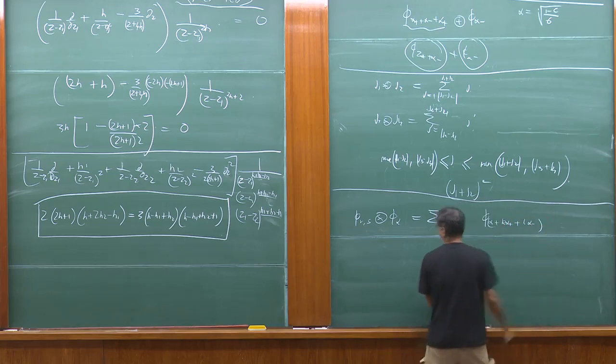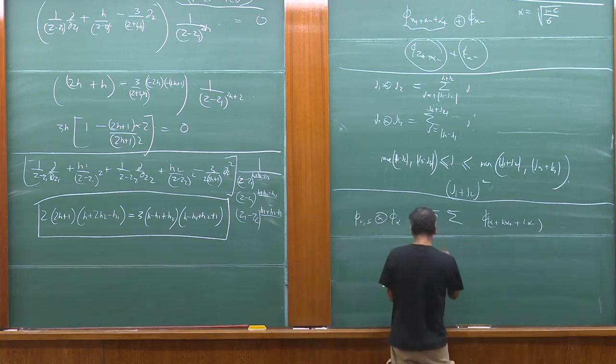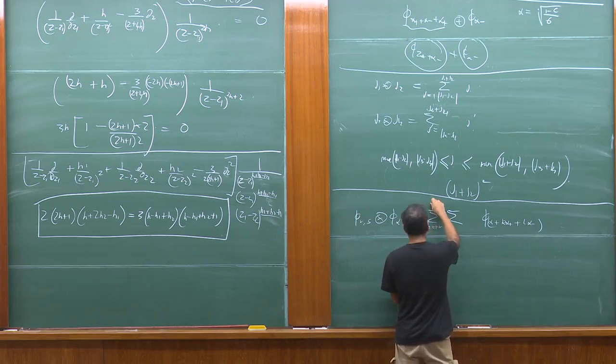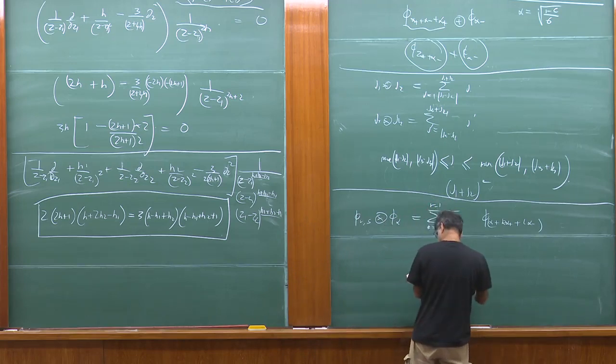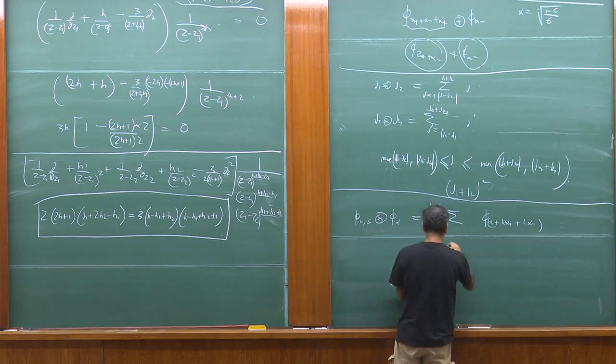Now what is k? k is summed from 1 minus r to r minus 1, but k plus r is odd.